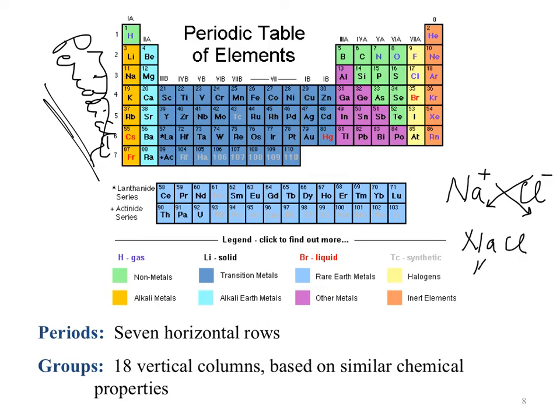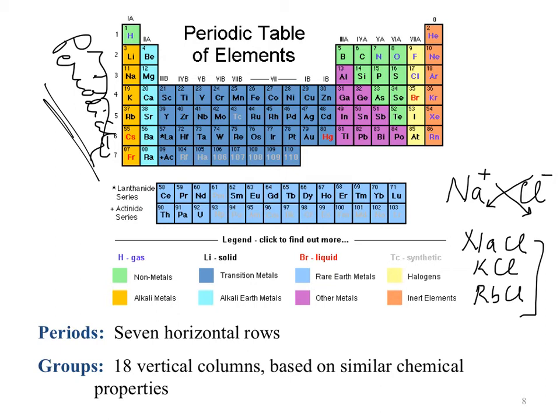Likewise, potassium and chlorine gives KCl, and rubidium gives RbCl. So even their formulas, the way they react with other elements, are going to be very similar. Periodicity is essentially the similarity in physical and chemical properties, the way they react and behave overall. And hence they are put together in one group.